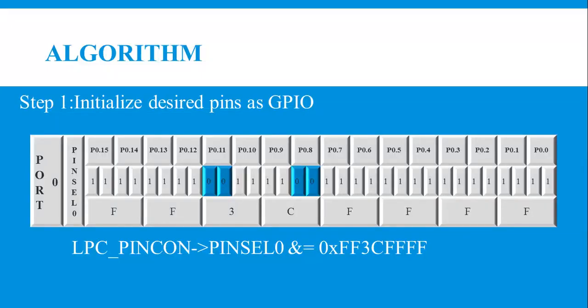After identification of the pins, you have to configure them as general purpose input output pins. In order to configure the pin function, you have to use the pin selection register. Since these pins correspond to port 0 and are within 0 to 15, you have to use the pin selection 0 register. The functionality of the pin selection 0 register is explained in the earlier video.